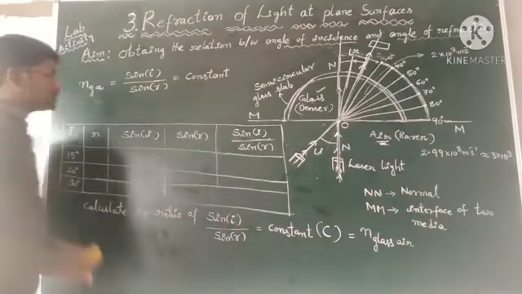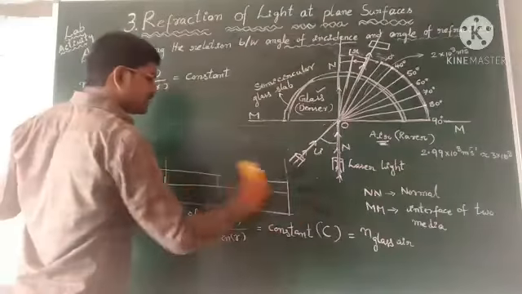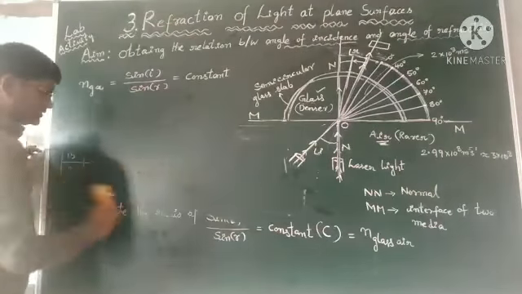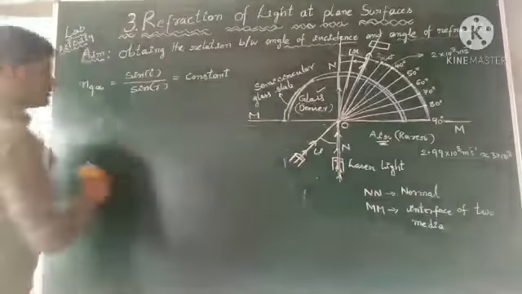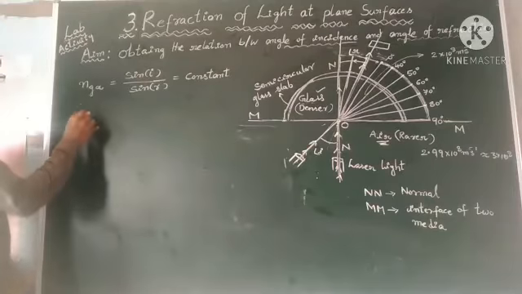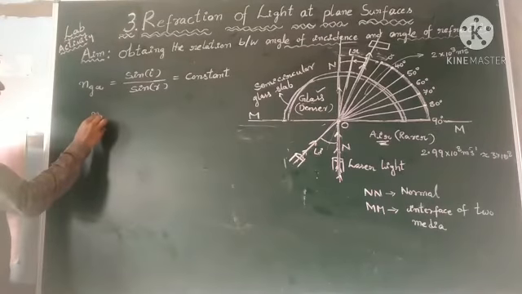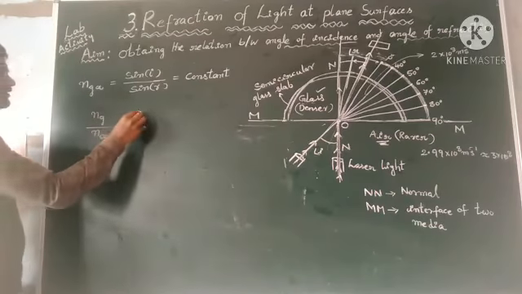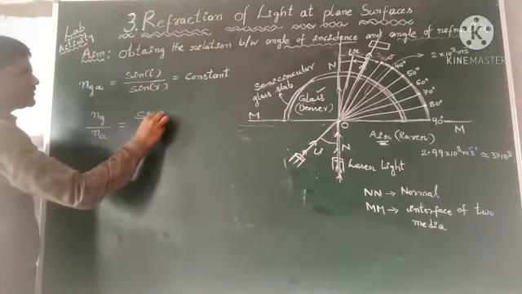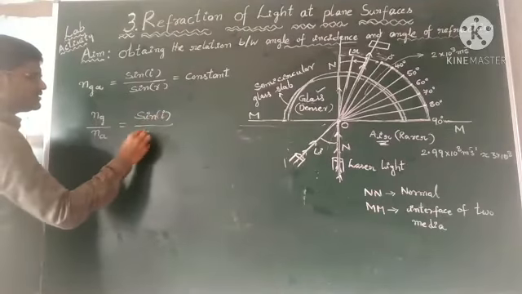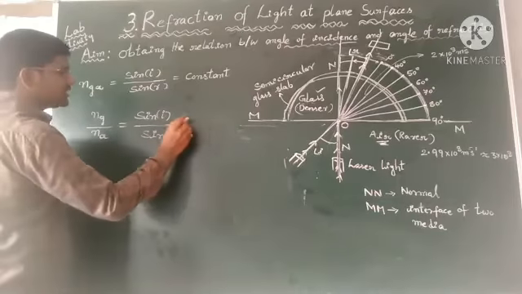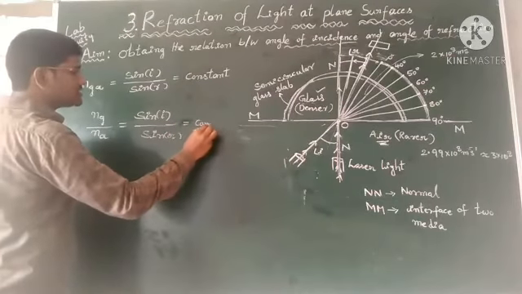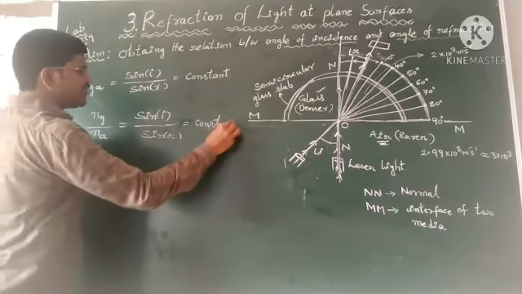And here we also got one more result. See here, my dear students, the refractive index of glass by the refractive index of air is sin I by sin r, which we are getting as a constant.